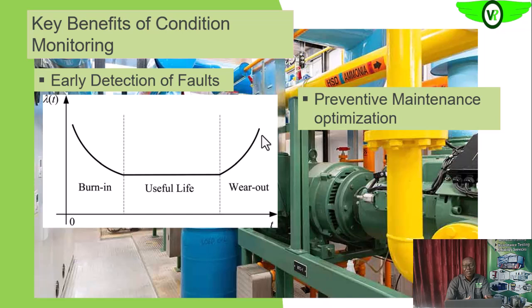Then it also helps us to plan and optimize our preventive maintenance program. So with a reliability-based maintenance program, what you do at the end of the day is to have the right maintenance mix of all of those four maintenance strategies that we discussed earlier.